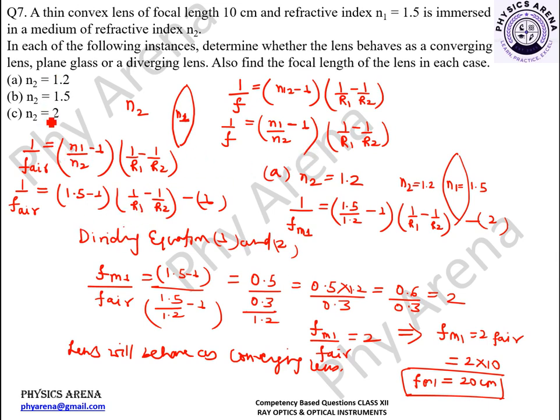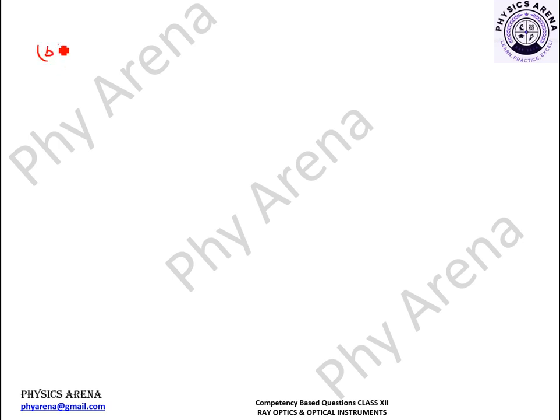Now let's take part B. In part B, N2 is given to us as 1.5. So again, we can write the lens maker's formula. 1 upon focal length in medium 2 will be equal to (N1 upon N2, 1.5 divided by 1.5, minus 1) times (1 upon R1 minus 1 upon R2). And here I can see that this first factor will become equal to 0.